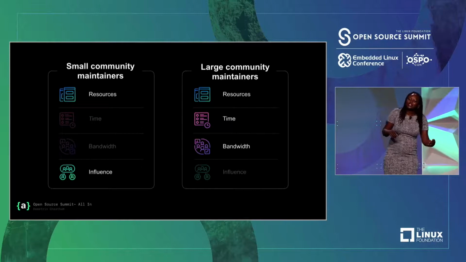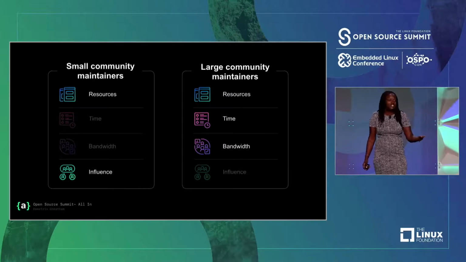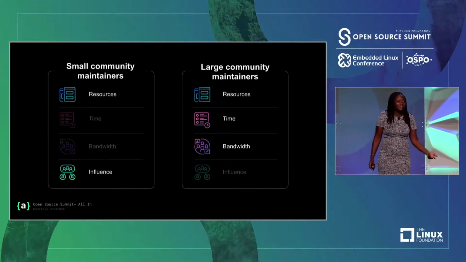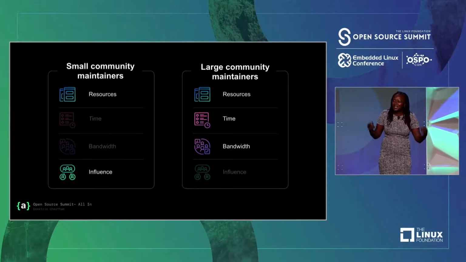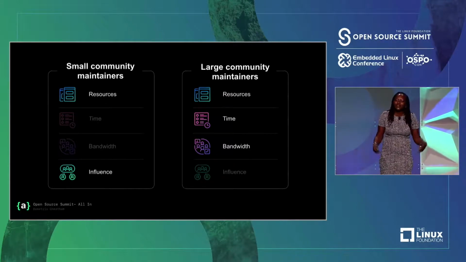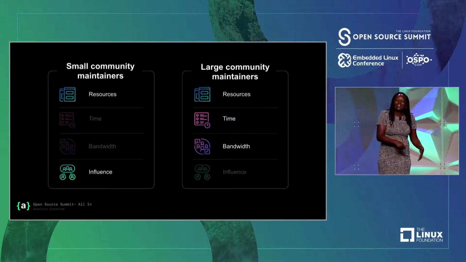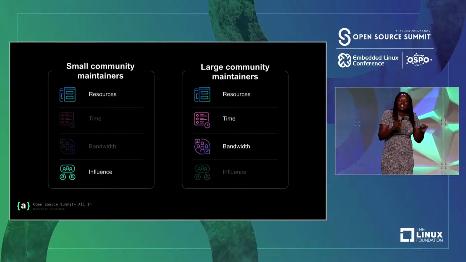But then when you talk to the maintainers of the larger communities, they say, yes, we have the time, we have the resources, we have the bandwidth, but there's this definite tipping point when your community becomes too large for you to really influence the culture. So you see, there was this thing going on, right? Where the time that you needed to be focused on the culture was a time when you didn't have the time to actually do it.